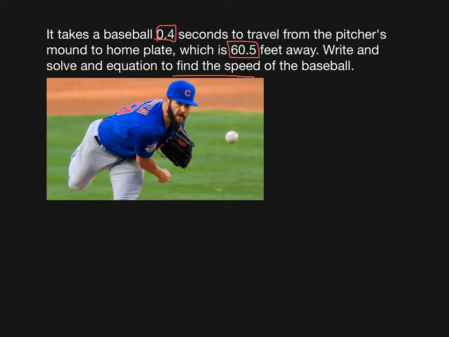So once again, we can use our distance equation. The distance, in this case, is 60.5 feet, is equal to the speed times the time, 0.4 seconds. So I'm going to rewrite that because I like to have my variable come after the coefficient.